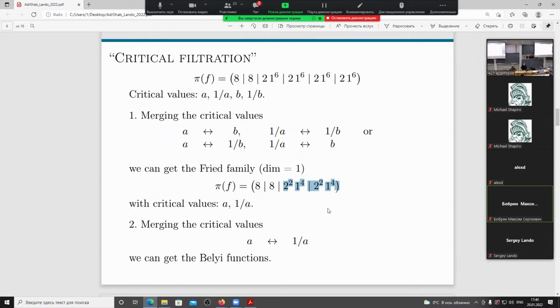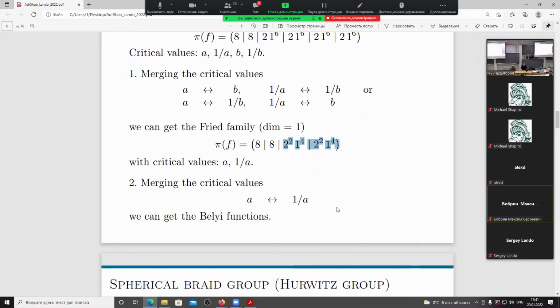As George said, I would like to show what we can do next in genus 3. But first, I want to explain what happens here in our considerations with genus 2.